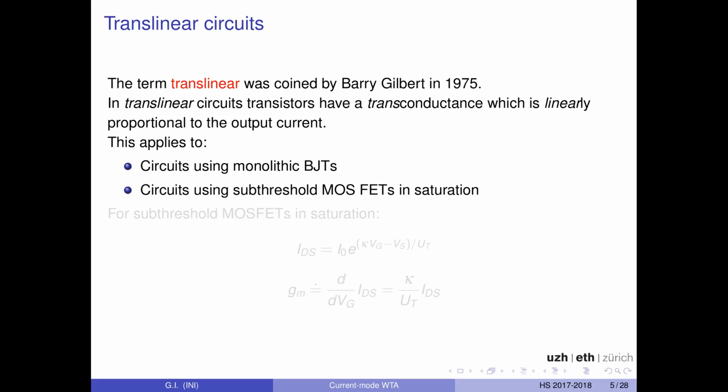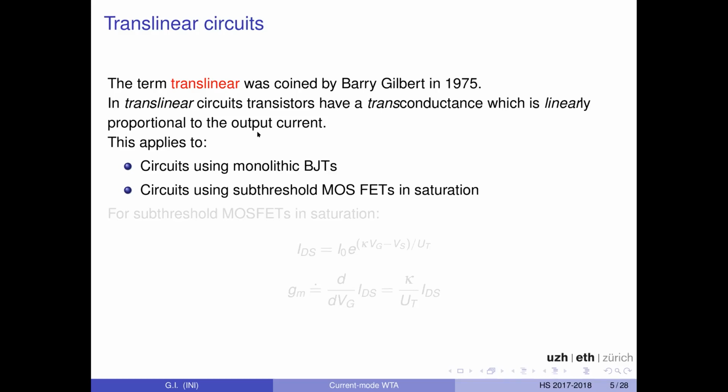A transconductance is a device in which you have 2 terminals that you use to apply the voltage, and then there is a third terminal that you use to read out the current, like the transconductance amplifier, the transamp. Translinear circuits have a transconductance that is linear with the output current.